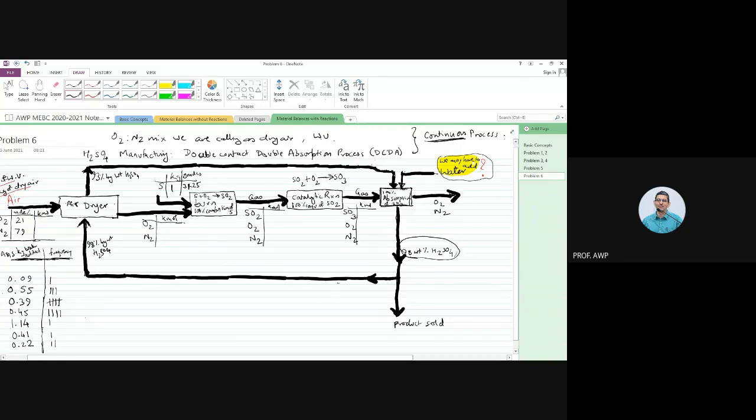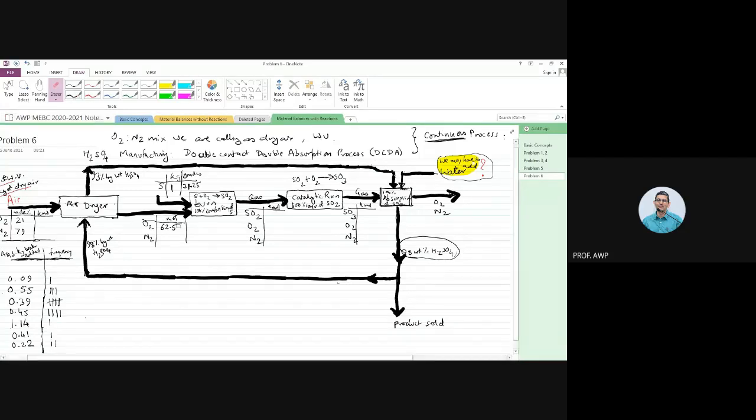As per stoichiometry, I will require 31.25 gram moles of oxygen. But we are not providing as per stoichiometry, we are providing 100% excess, which means we are providing another 31.25 as extra. So the total amount of oxygen that will come in would be 31.25 multiplied by 2, 62.5 gram moles. Sorry, not kilomoles, this is gram moles, because we have taken sulfur also in terms of gram moles.